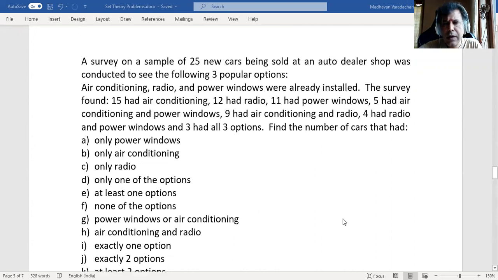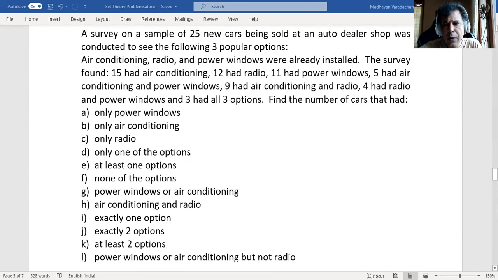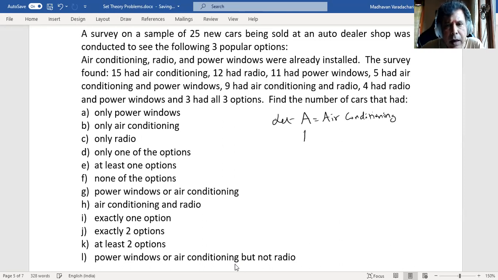First of all, we'll consider A equal to air conditioning, then R equal to radio, then P equal to power windows.